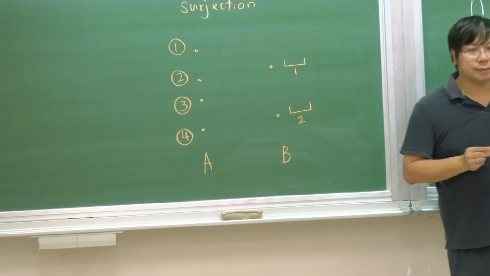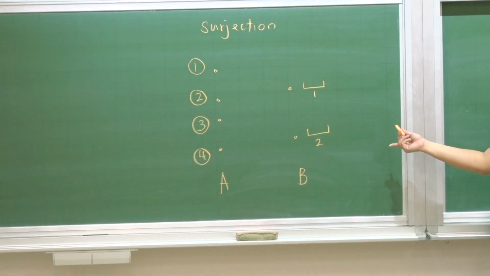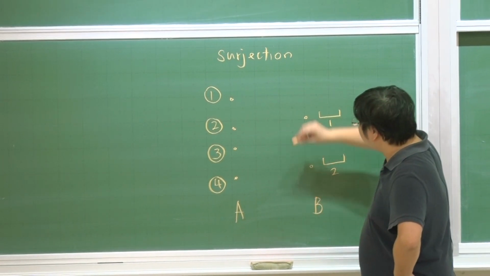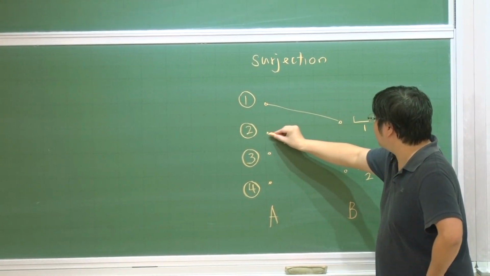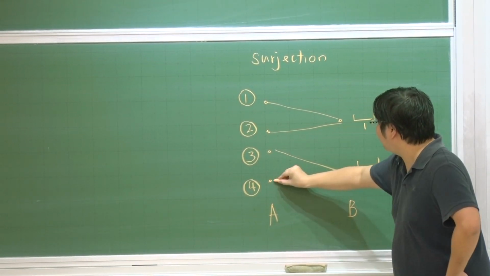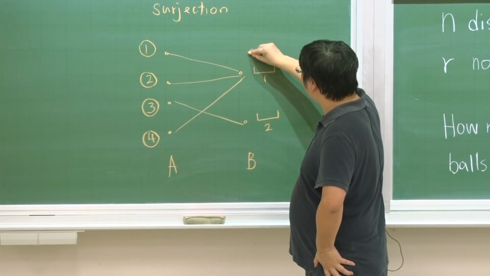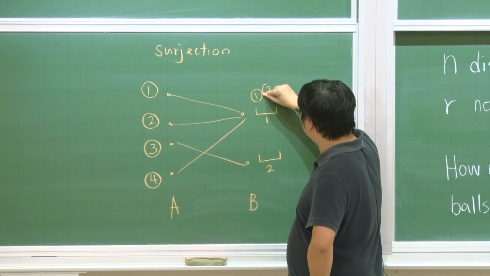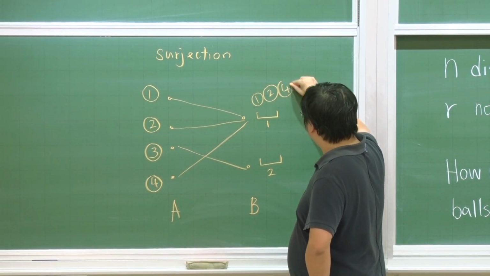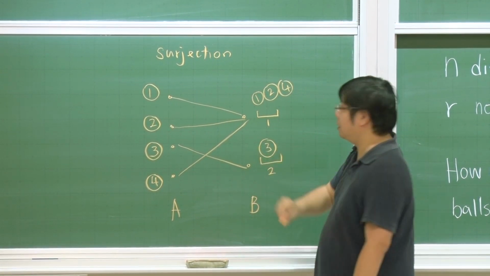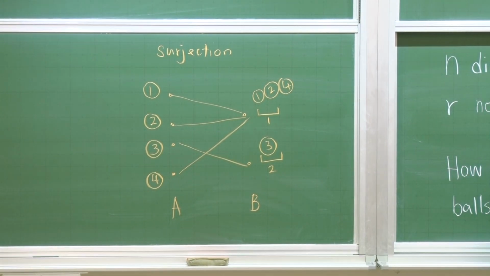For a surjection, maybe 1 maps to this one, 2 maps to this one, 3 maps to this one, 4 maps to this one. It will correspond to a case where we are putting 1 here, 2 here, 4 here, and 3 here. Is that okay?